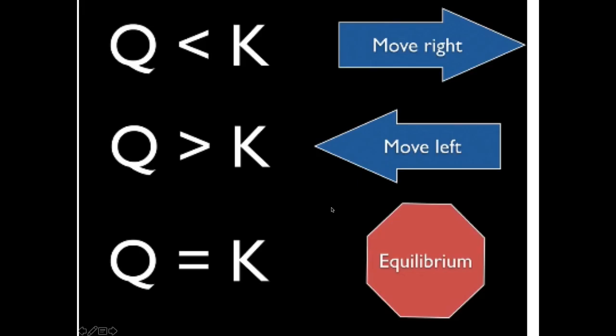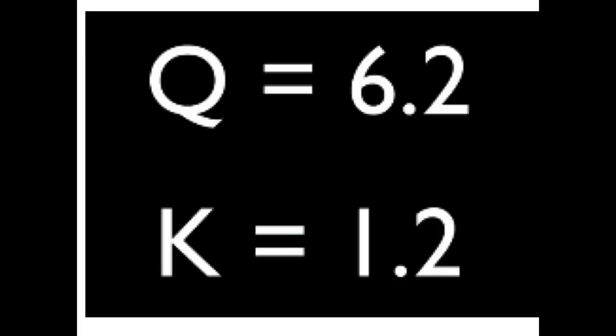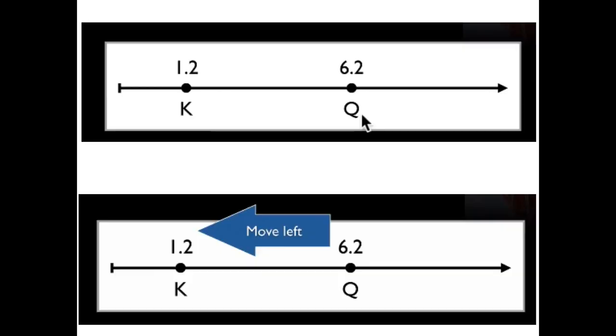When it comes to looking at Q versus K, which I talked about briefly, if Q is less than K, the reaction has to shift to the right. If Q is much bigger than K, it's going to shift to the left. And if Q is equal to K, we're at equilibrium. So if Q is 6.2 and K is 1.2, the best thing to do is to line it up.